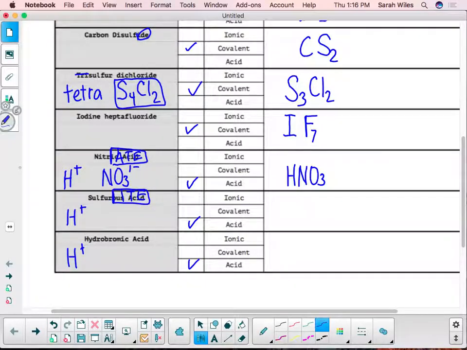You need to know that this comes from ite. There is no sulfurite, but there is a sulfite. Those are the same thing. That is SO3 2 minus, correct? Yes. Crisscross, H2SO3.